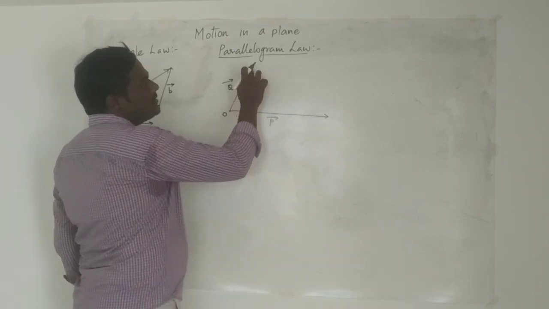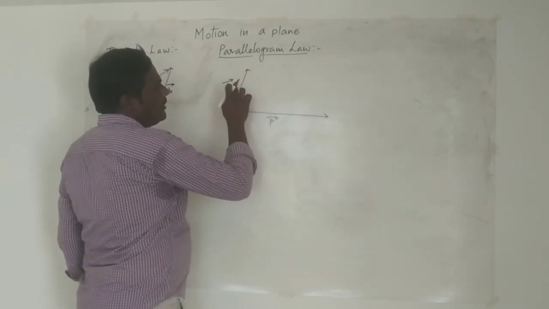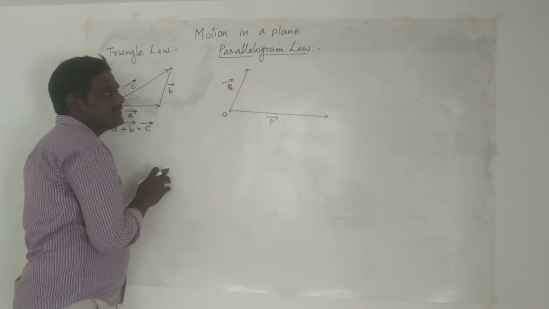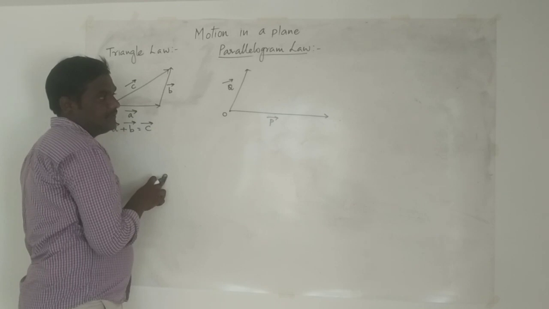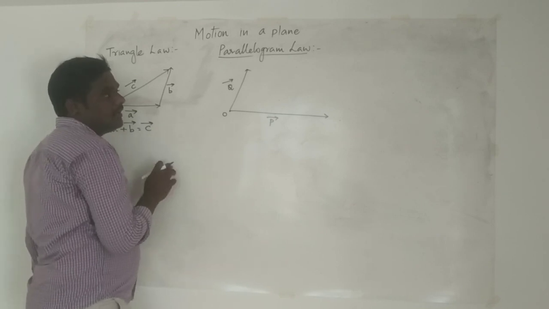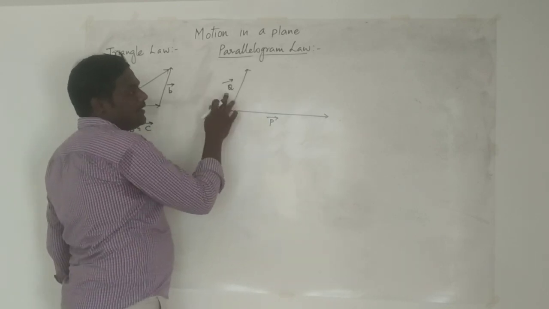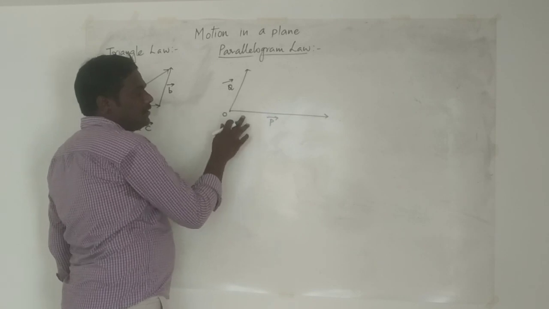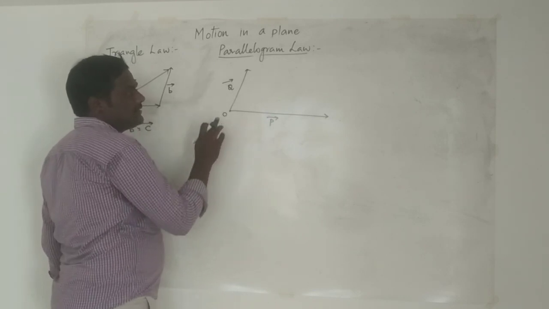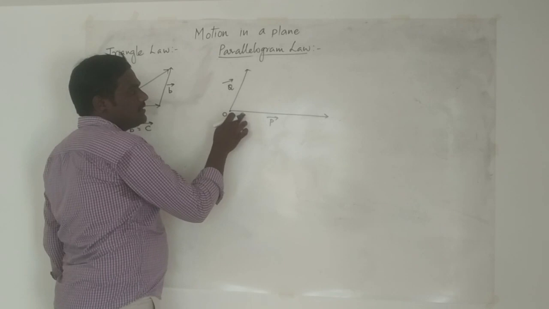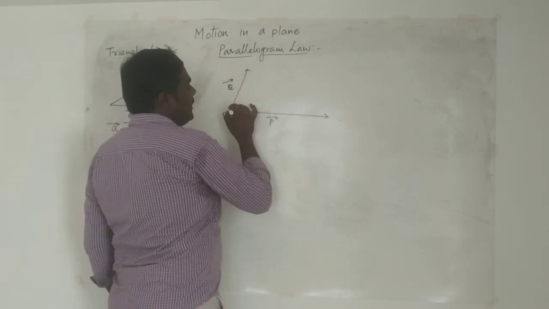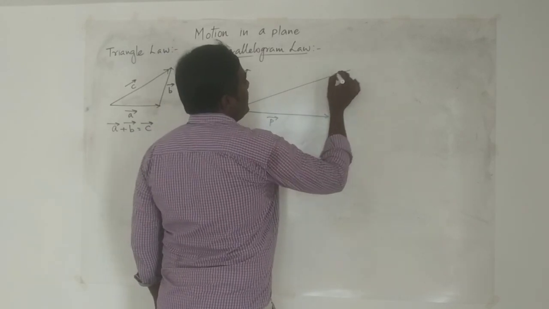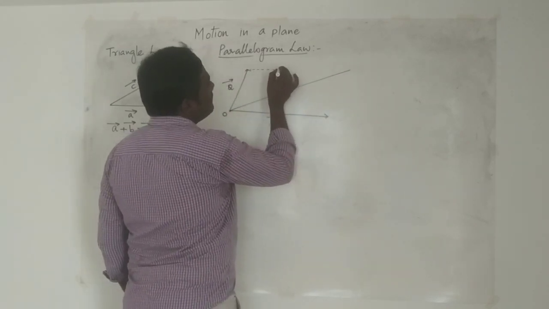I took two vectors as two adjacent sides of a parallelogram. Here order is not required. Then if you draw the diagonal, you can draw it like this.